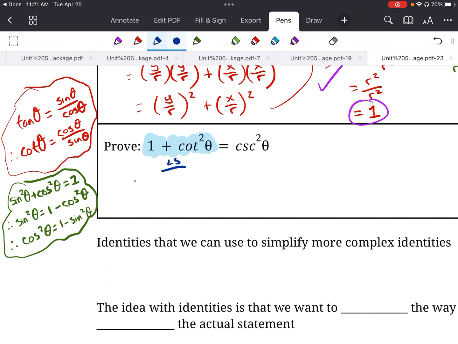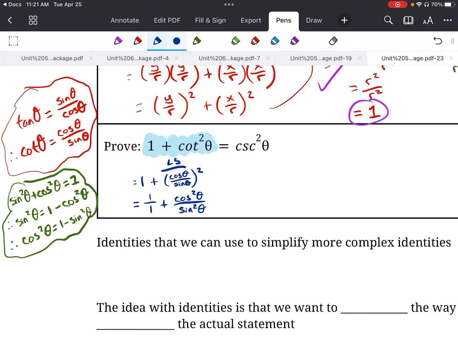So we end up with 1 plus cos theta over sine theta squared. Okay, 1 is really a fraction of 1 over 1. So we have cos squared theta over sine squared theta.